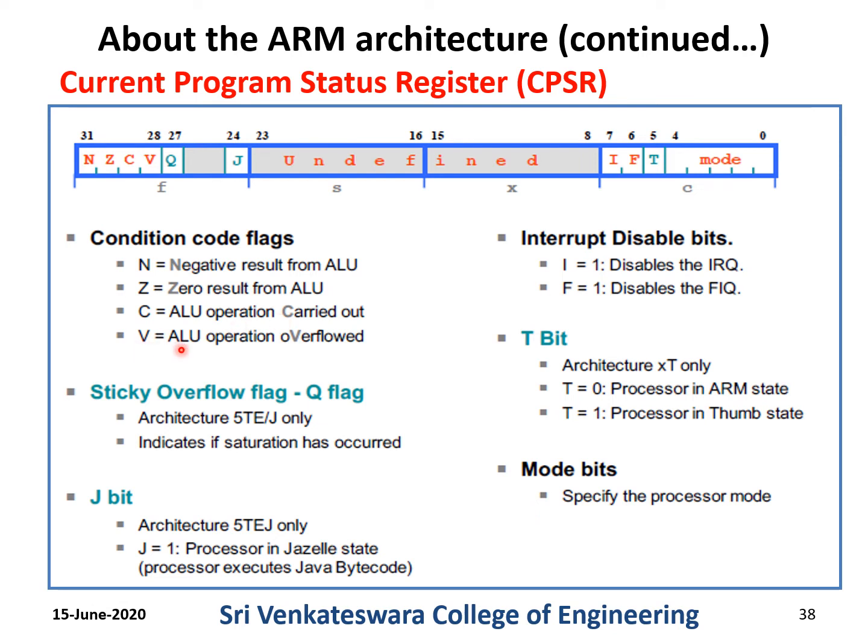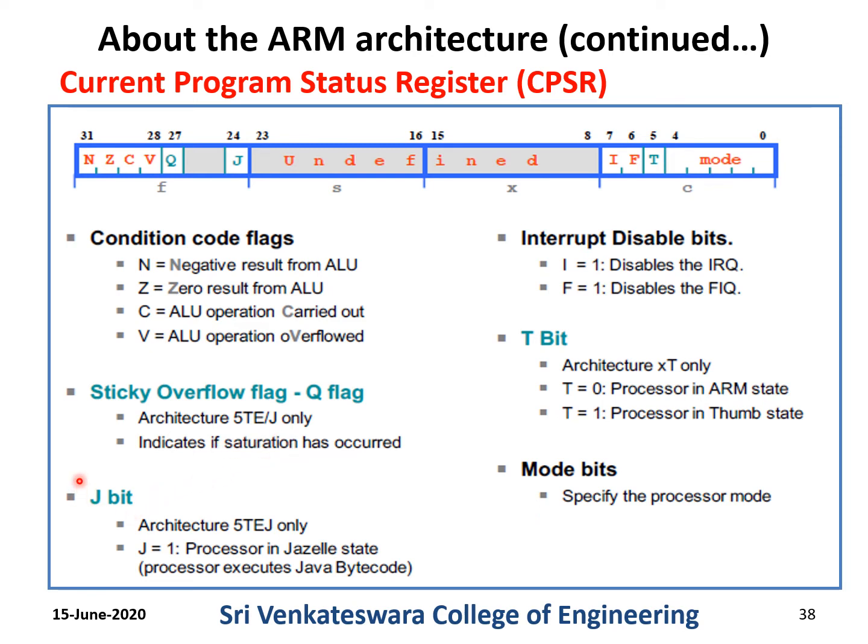If V is set, the ALU operation created an overflow. Apart from these 4 flags, there is another flag called the Q flag, or sticky overflow flag. This is utilized only in the 5TEJ architecture versions, and it indicates whether saturation has occurred or not.